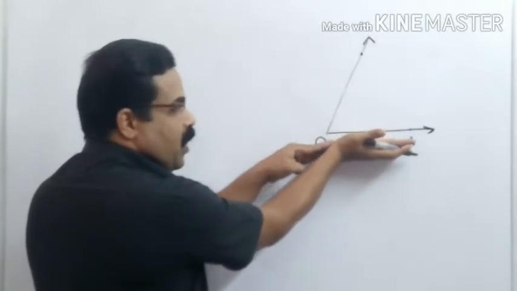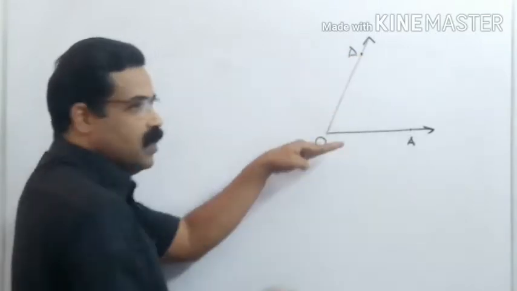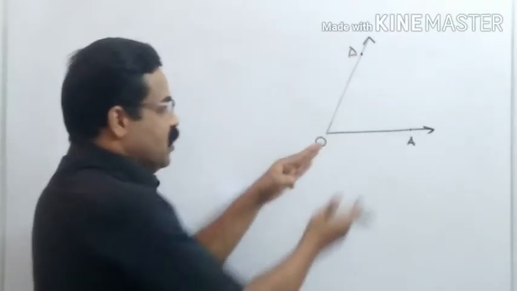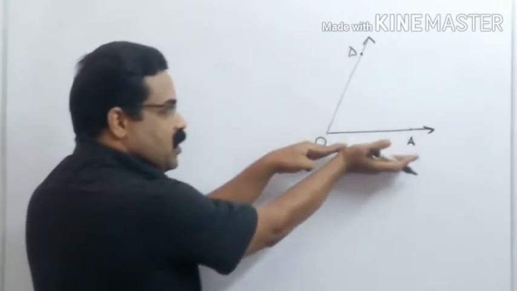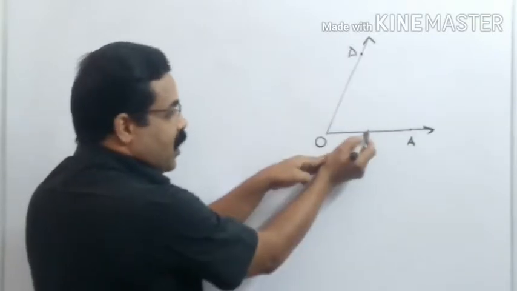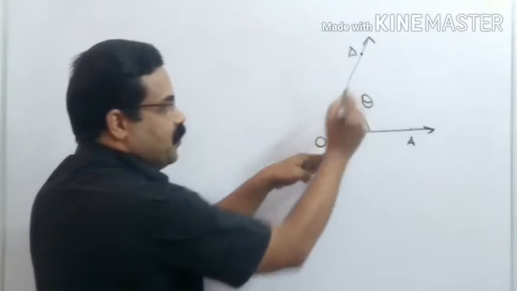From OA I am taking this line up to here, you can call it OB or OP, whatever it is. That means I am moving this line through this much angle. That angle I am denoting like this. So this is angle theta.